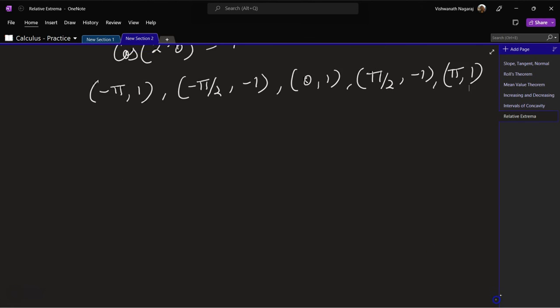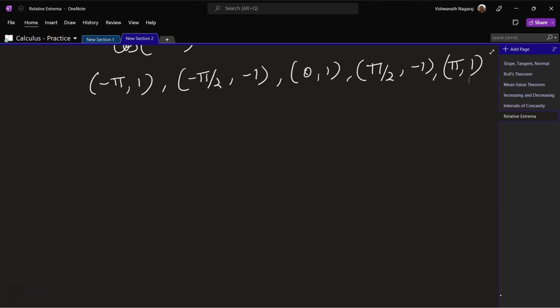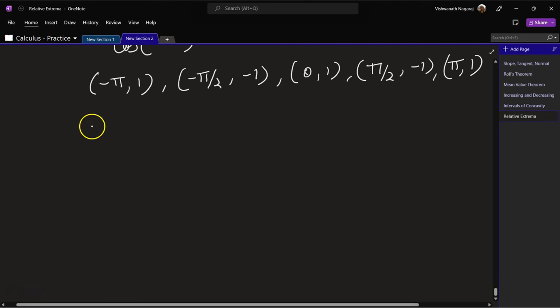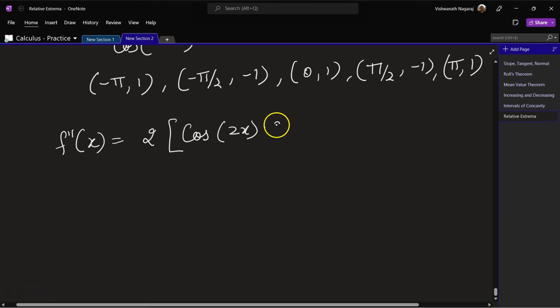Now we have to figure out whether they are relatively maximum or minimum. So f double prime we require. F double prime of what? 2 sine 2x. So f double prime of x is going to be 2 sine 2x, the derivative is cos 2x, and 2x is 2. So we get 4 cos 2x, right?